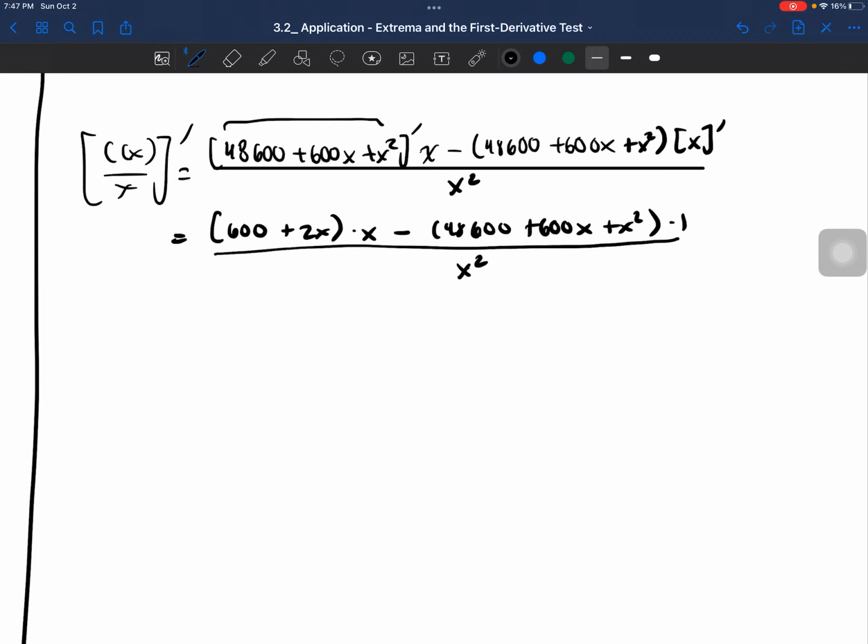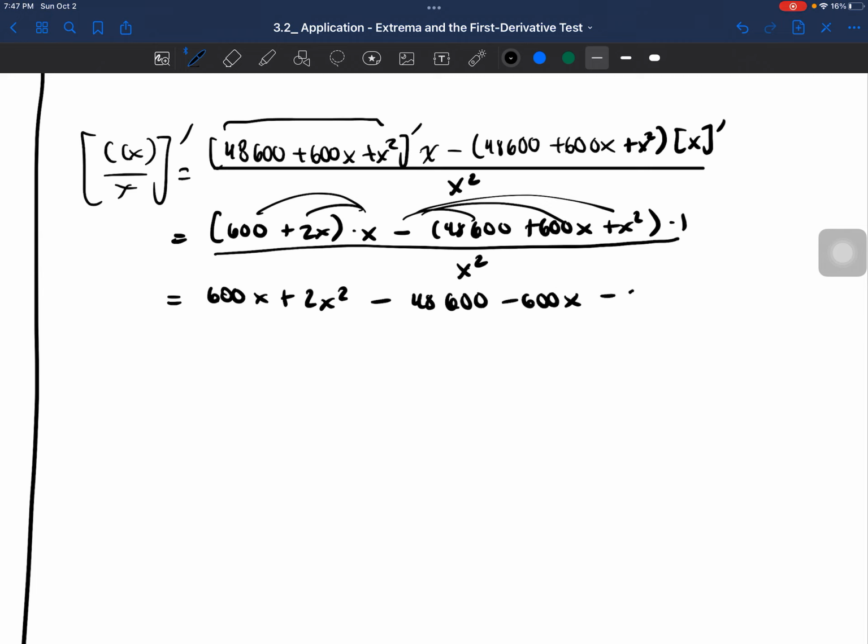So all over x squared. All right, so then what we're going to do is try to simplify the top now: distribute the x, distribute the negative, and we end up getting 600x plus 2x squared minus 48,400 minus 600x minus x squared, all over x squared.